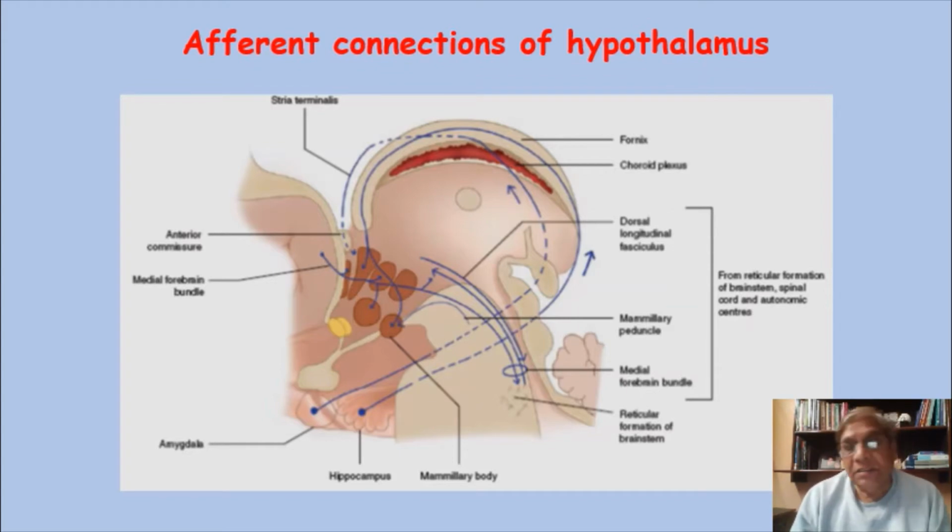Then the connection from the retina: the fibers come through the optic nerve, the optic chiasma, and the optic tract, and ultimately end in the suprachiasmatic nucleus, which is not shown here. The suprachiasmatic nucleus lies just above the optic chiasma, in the medial zone. So it is the information coming to the hypothalamus onto the suprachiasmatic nucleus.